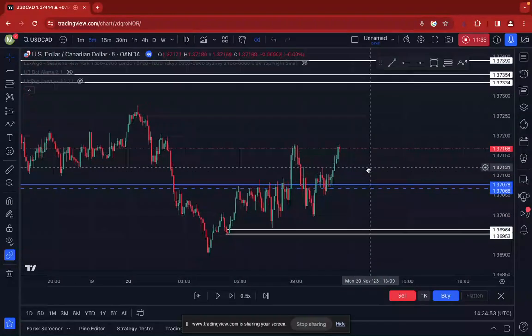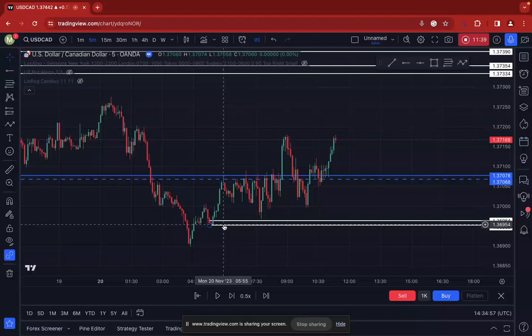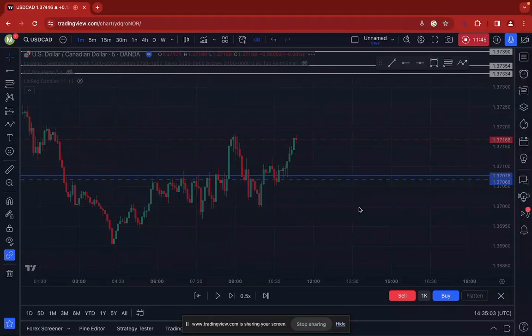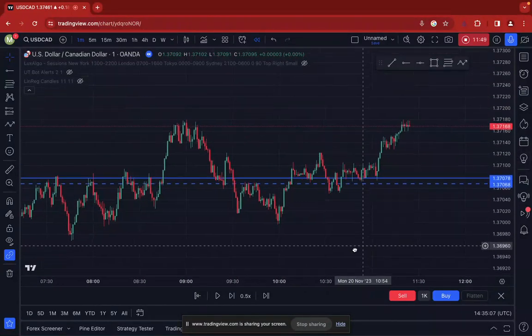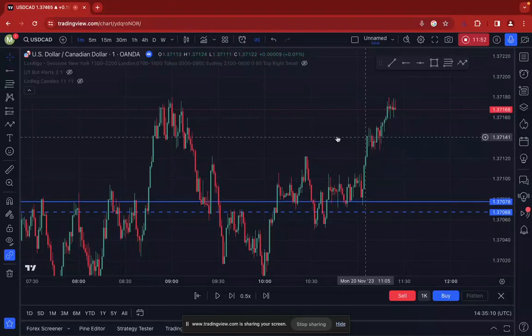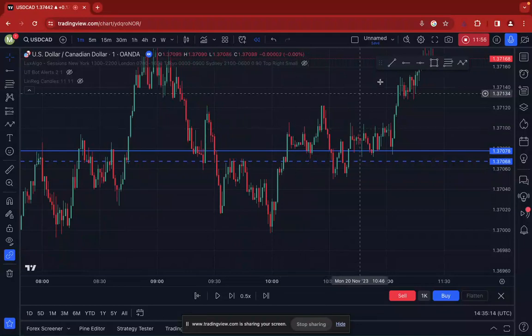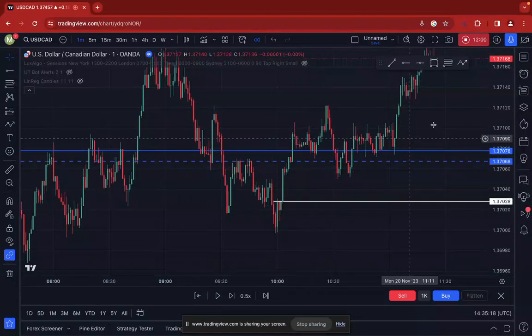Okay, so I'll wait for price to come up. You can see price has not been able to come and tap these zones. So price did not tap this, so we wait to see if price will come and tap the next. So you can see here we are having this as an M1.